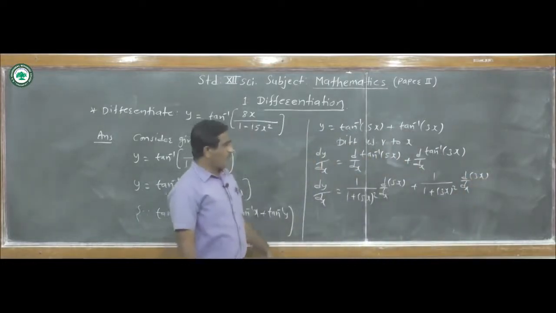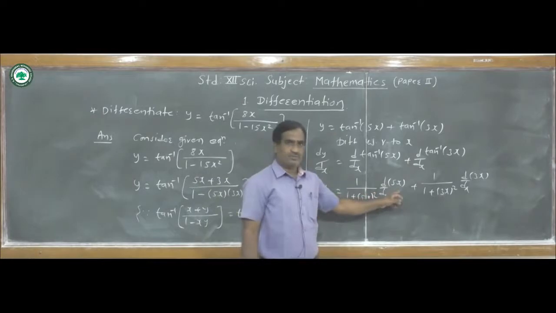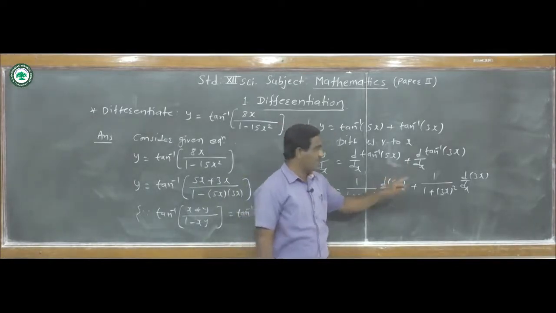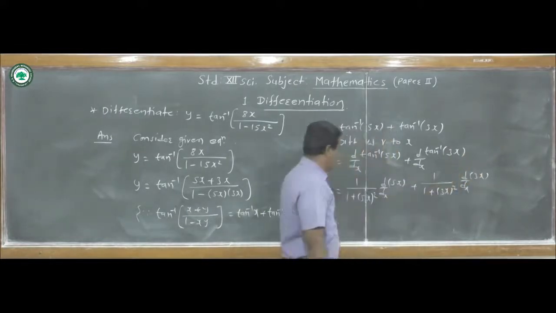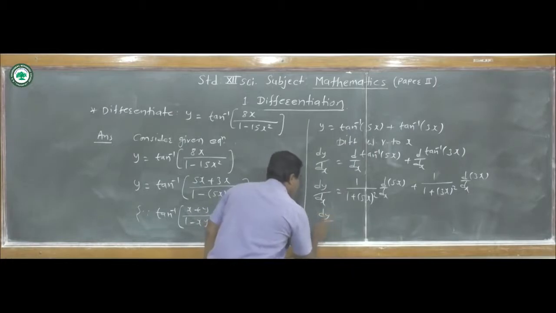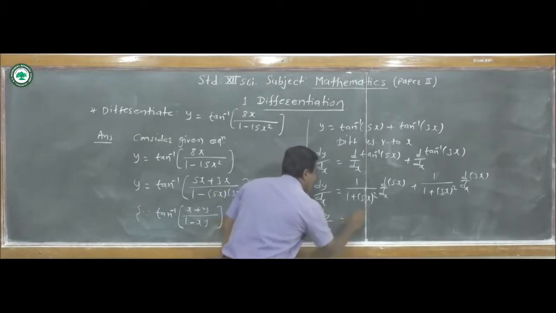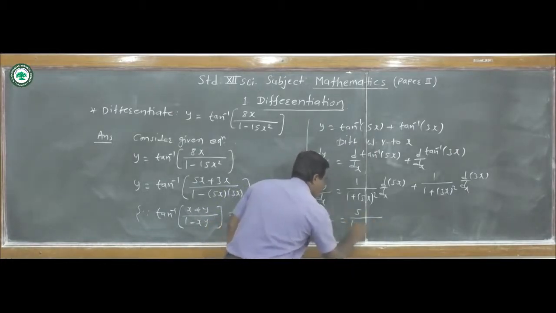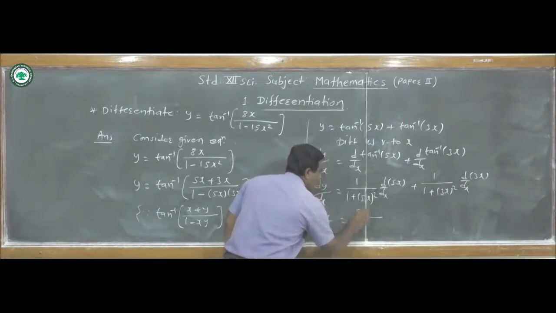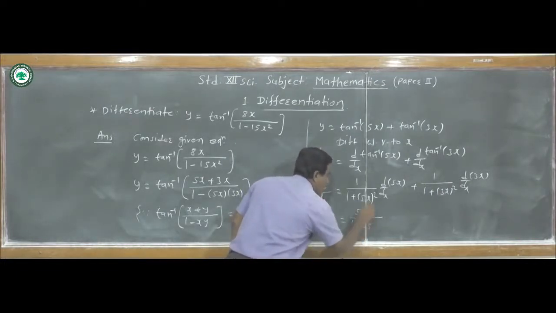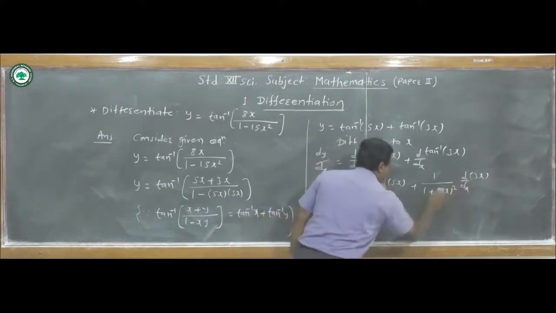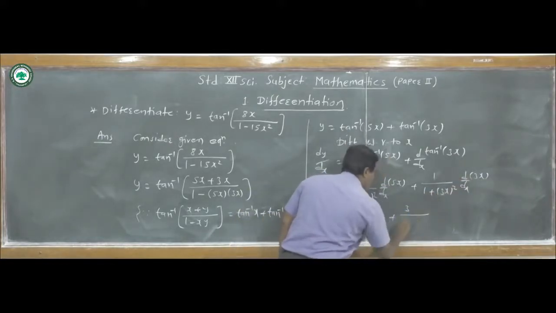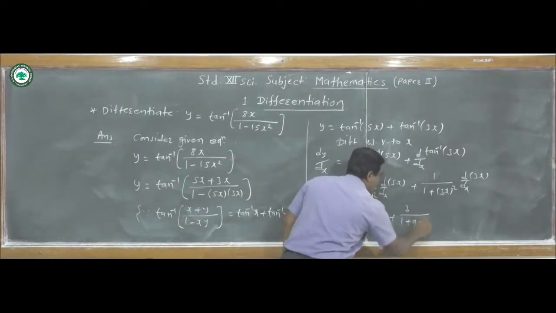Okay, now derivative of 5x is 5 because 5 is a constant term, derivative of x is 1, and here also derivative of 3x is 3, derivative of x is 1. Therefore, dy by dx is equal to 5 upon 1 plus, here take square of 5, square of 5 is 25, square of x, x square, plus here derivative of 3x is 3 upon 1 plus 9x square.